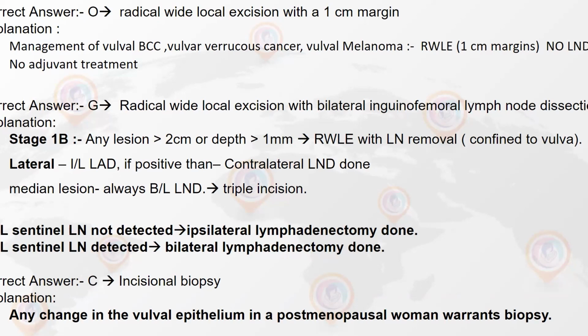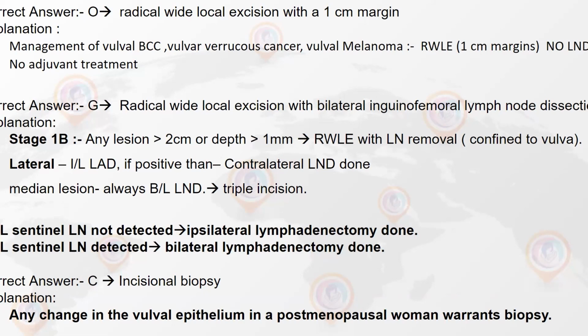Now, coming to the second question, it was regarding sentinel lymph node. You have done a sentinel lymph node in squamous cell carcinoma and it has come out to be positive. If the ipsilateral sentinel lymph node is detected and it is positive, then you need to do a bilateral lymphadenectomy. Please remember this. And in case the sentinel lymph node is not detected, that is the ipsilateral, you have failed to detect it, then you need to do only ipsilateral lymphadenectomy.